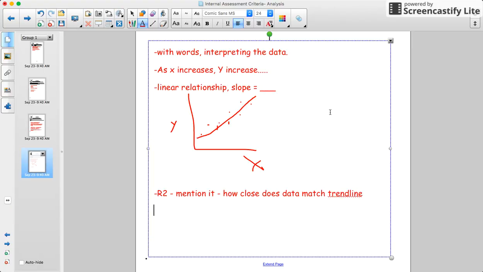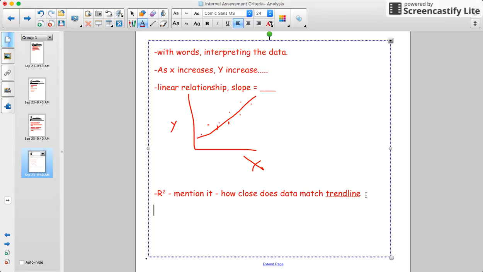And things like that. So this is where you're discussing just the simple interpretation of the data, that this appears to affect this in this way, linear or not, actually stating some values, the way that they change, the way that they affect each other is a value of 2, is a value of 1, this per this. R squared suggests that my trend line matches the data well, or it doesn't.